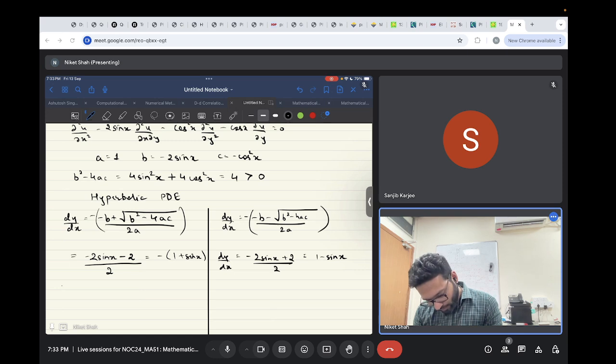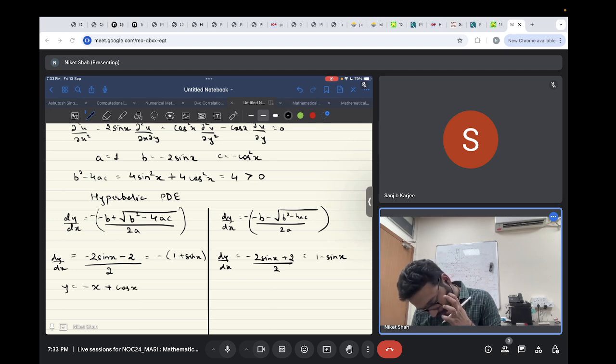So here y is equal to minus x. I'm integrating basically because this is dy by dx. So now in the left one I'm integrating. Minus x minus integral of sine x will give me plus cos x, is it? The sign will change, right? Yes. Plus some constant c1.